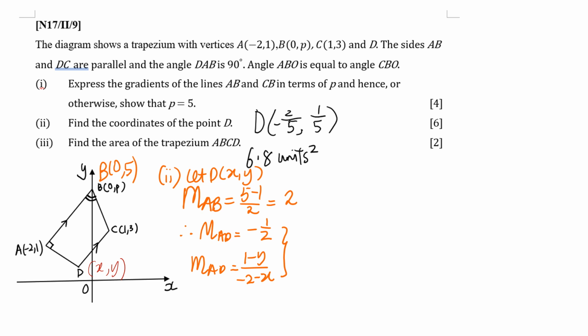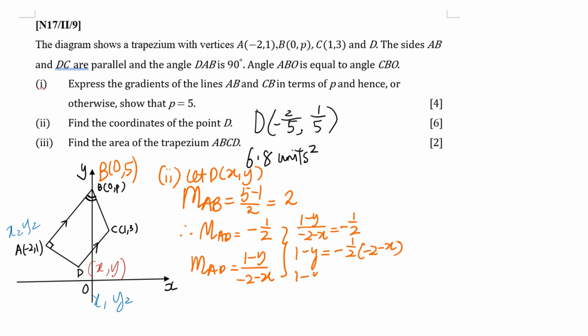What I've done is I let this be (x2, y2), this one here be (x1, y1). You will have y minus 1... Oh, I did it the other way around, wrong. Never mind, let's relabel it. So that will be (1 minus y) over (-1 minus x). These two values are the same because they both refer to the gradient of AD, so you can just equate them.